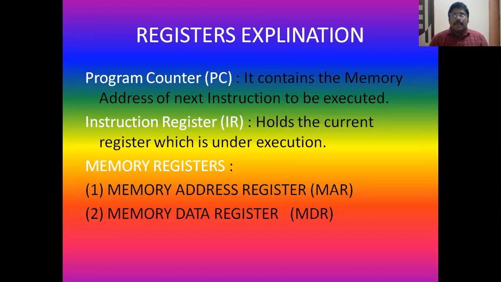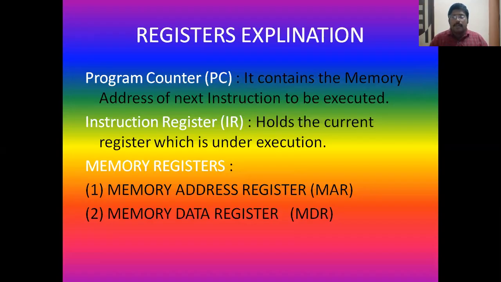So what does a program counter mean? For example, my program has 10 instructions. The processor is going to execute them one by one. We already discussed that the instructions are stored in the memory. They are taken from the memory to the ALU, arithmetic and logical unit, in order to perform any operation. What is the main purpose of the program counter?